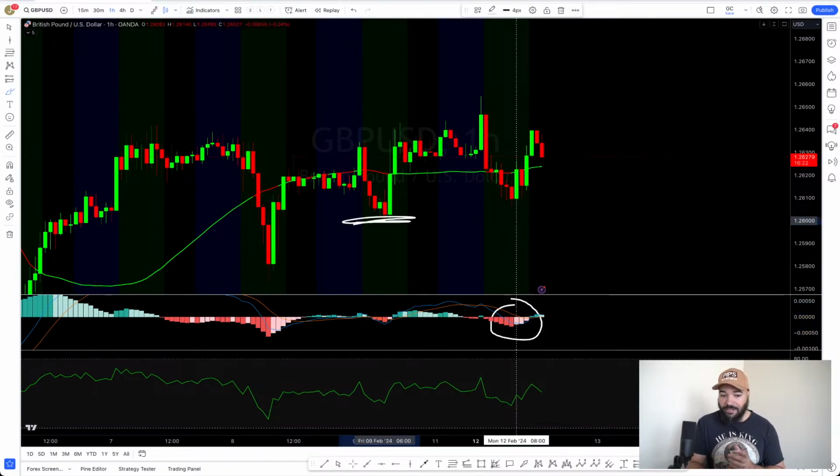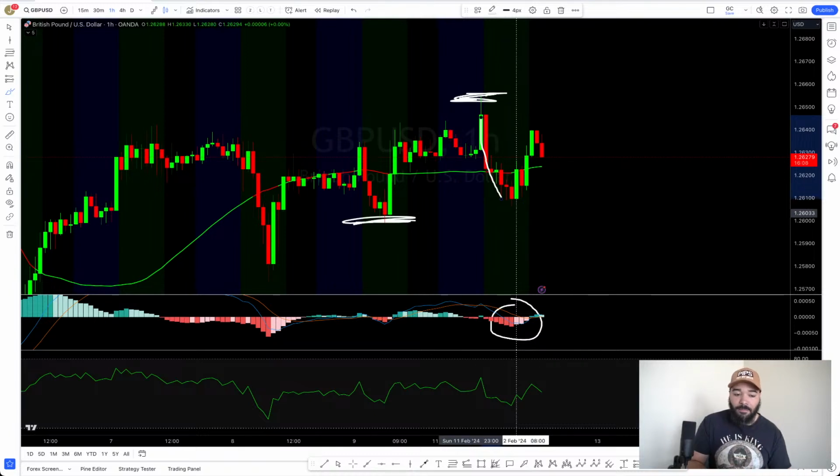You got this right here. Price just made this high right here, right? You following me? And then price decides to drop down. Keep in mind, we are in between these two levels right here. This low point and this high point.